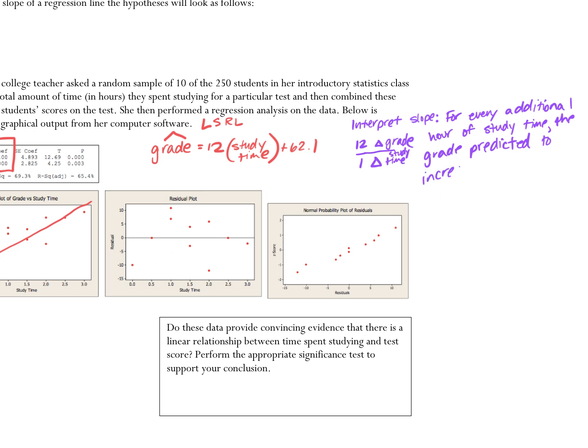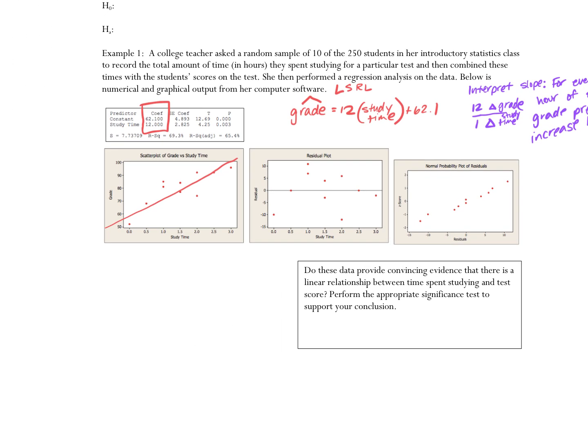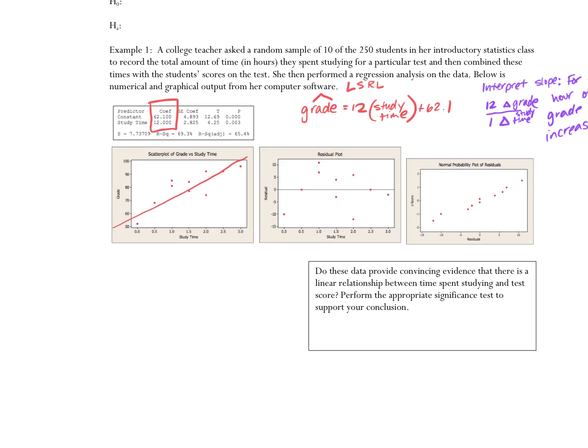And it is likely you might have to either interpret the slope or the y-intercept on your test. What if I asked you to interpret the y-intercept? First of all, what is my y-intercept? Well, the y-intercept is the coordinate pair 0, 62.1, which goes with 0 hours of studying.